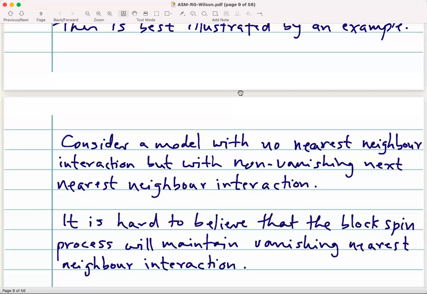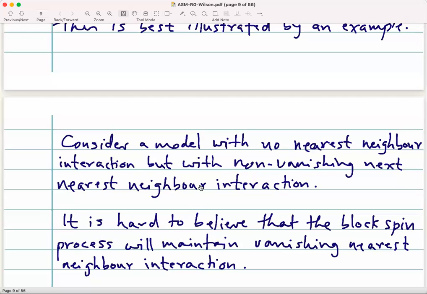Then if you do block spin on a model like this, you choose some linear size L, a cubic block, and replace that by a single spin. It would be very hard to understand why the new block spin system would not have nearest neighbor interaction. Initially we had no nearest neighbor interaction, but non-vanishing next to nearest neighbor interaction.